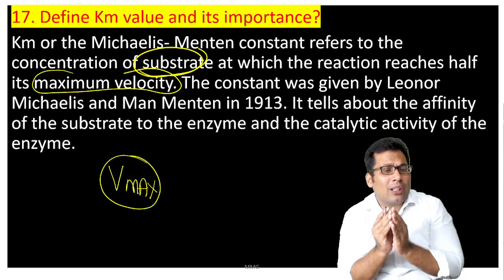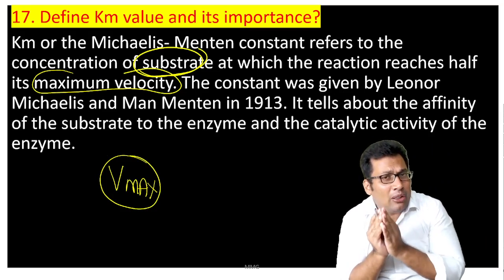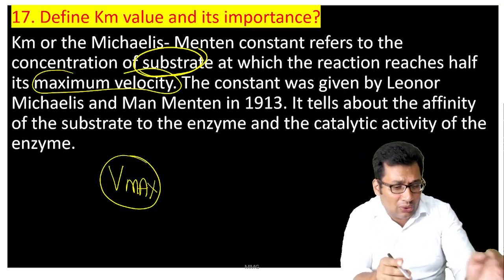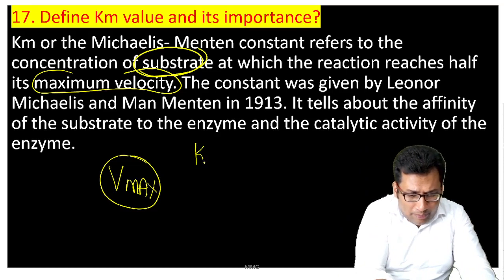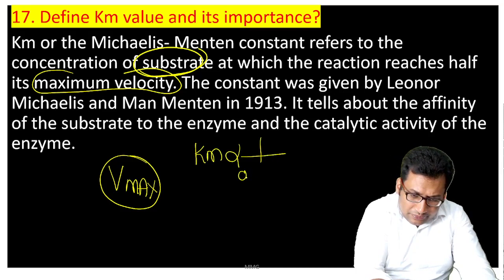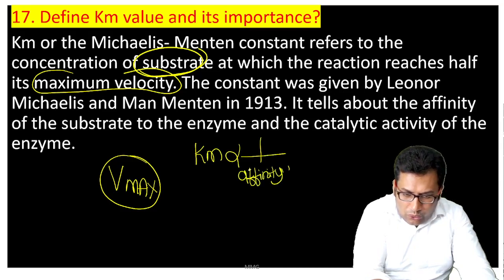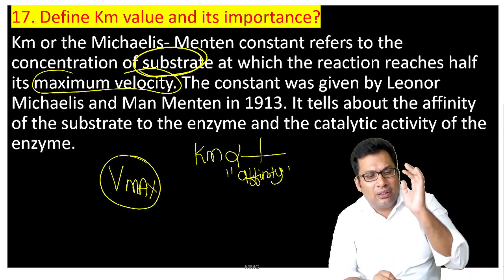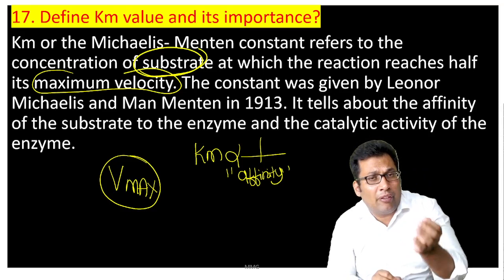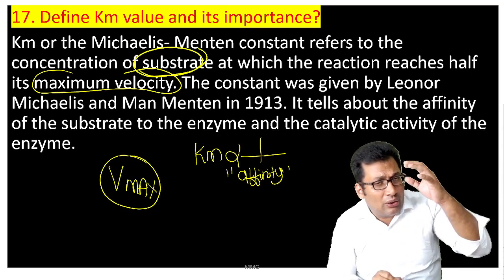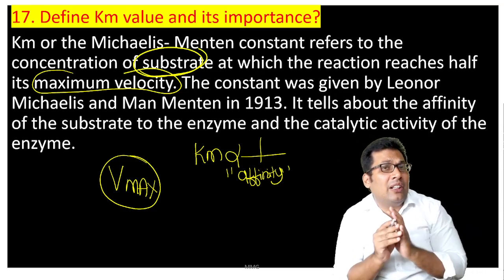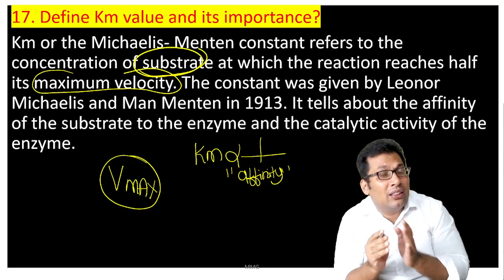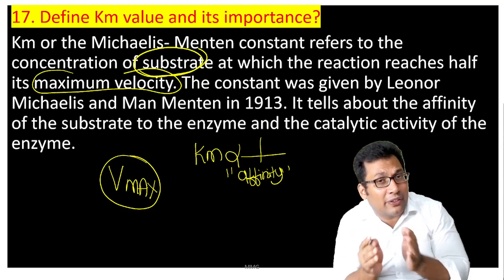So what is the importance of Km value? It is related to affinity. Km value is inversely proportional to affinity. So when Km value is high, that means affinity is less. When Km value is low, that means the affinity of the enzyme for the substrate is very high.